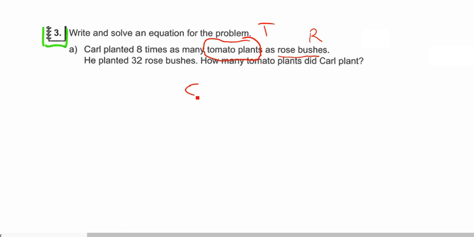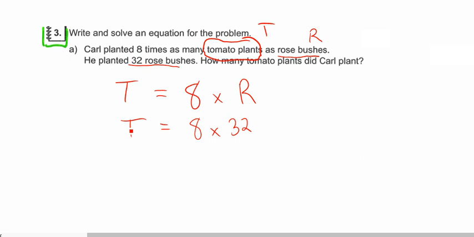So if I go 8 times the rose plants, because it's 8 times as many for tomato plants, that's the equation that I want to use. What information do we know? We know that there was 32 rose bushes planted. So we're going to go 8 times 32 to find out the number of tomato plants.